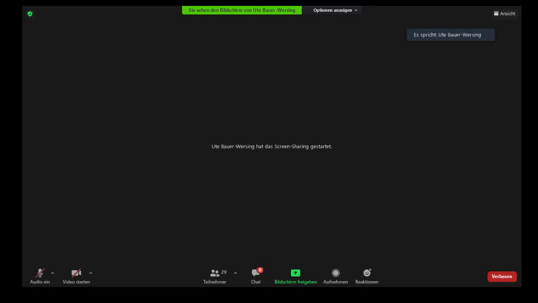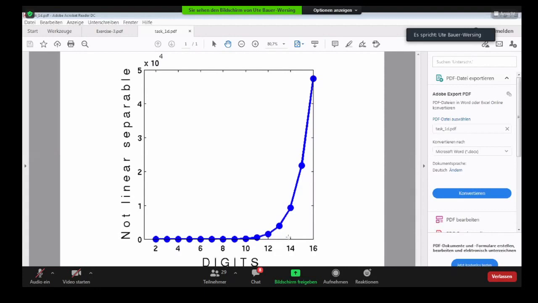Okay, can you see? All right. So what we have on the x-axis is the number of digits that we are using for the classification task, starting from 2 up to 16, all hexadecimal digits, right?